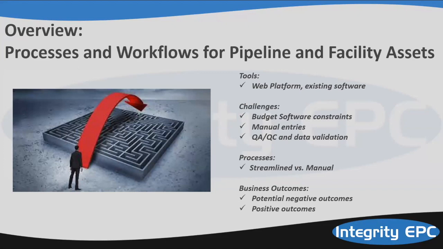We'll cover the challenges that we face, whether it be budget, software constraints, manual entry or record entries, and then the QA/QC validation part. Then we'll talk about processes, streamlined versus manual, existing versus proposed, and show you the business outcomes: the potential negative outcomes that could result from our challenges, and the positive outcomes as a result of our proposed and streamlined processes.